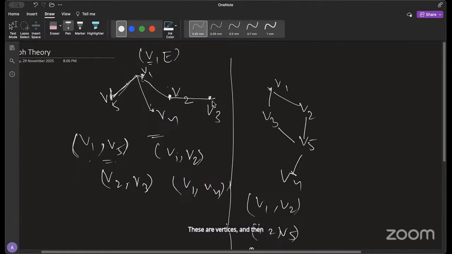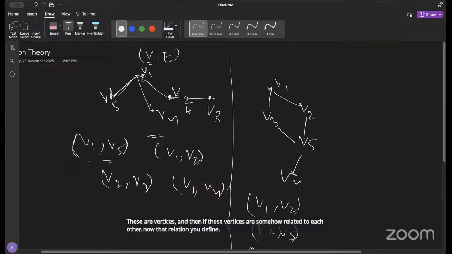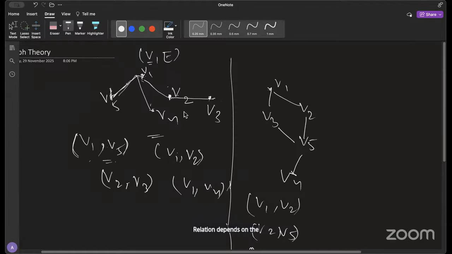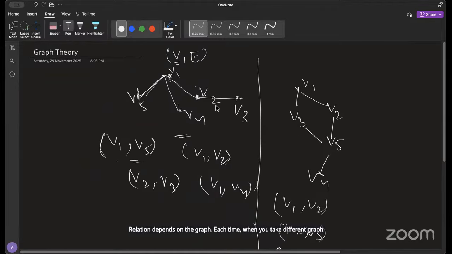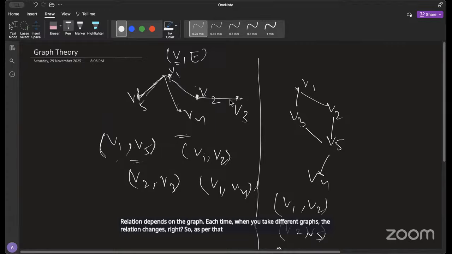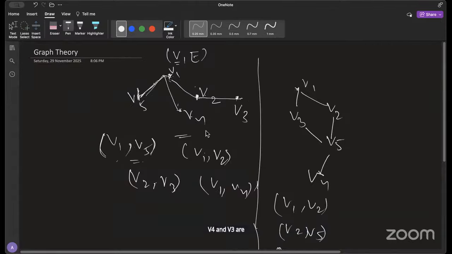And then if these vertices are somehow related to each other, now that relation you define. Relation depends on the graph. Each time when you take different graphs, the relation changes, right? So as per that relation, you draw. If you don't see an edge between V4 and V3, that means as per this relation or whatever relation is there in this graph, V4 and V3 are not related to each other. That's why they don't have an edge.